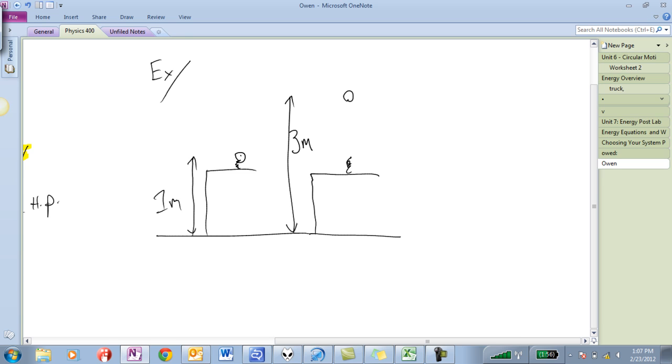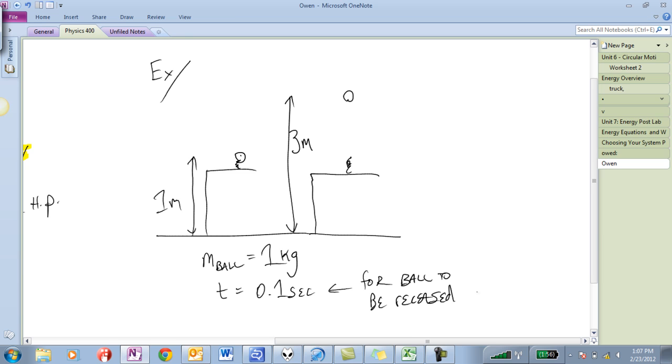Things to note about the ball: the mass of the ball is going to be equal to 1 kilogram here. And just for kicks, the time is going to be 0.1 second. This is the time for the ball to be released from the spring.